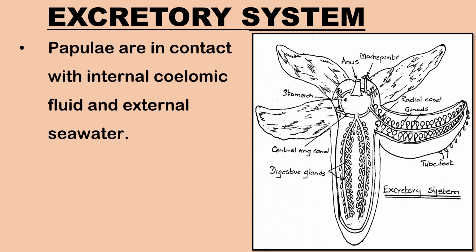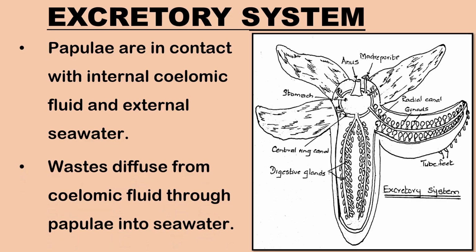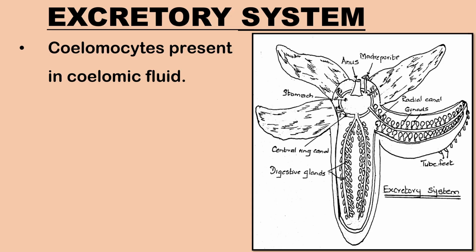Papillae are in direct contact with the internal coelomic fluid and external sea water. The waste material diffuses from the coelomic fluid through the thin walls of papillae into the surrounding water. Certain amoeboid cells called coelomocytes are present in the coelomic fluid.